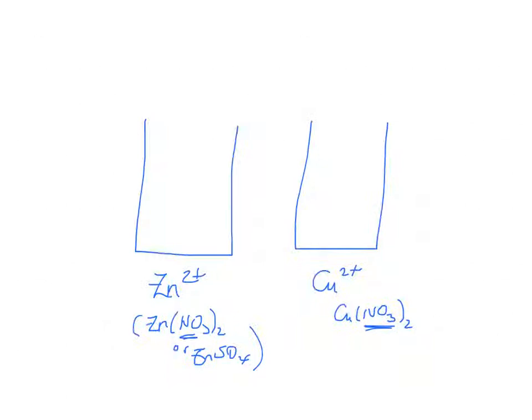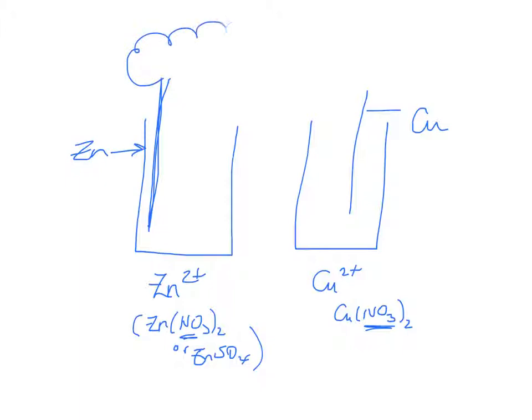And we are going to dip in a zinc electrode in one case, and a copper plate in the other case. Since these are two separate sections, we're going to connect a wire through the zinc all the way to the copper, and you can even connect that to a bulb to see if the bulb will glow or not.